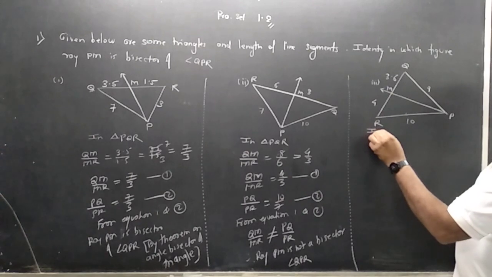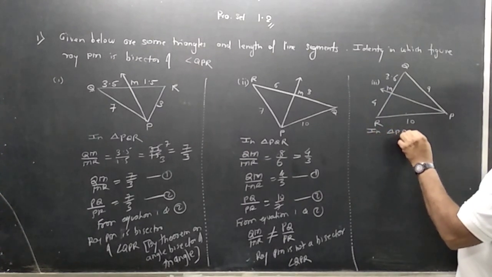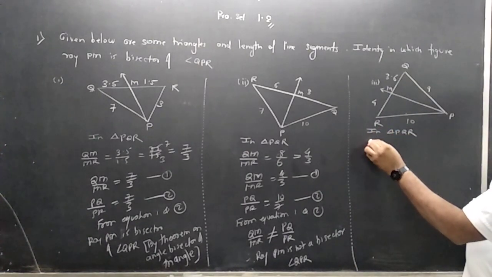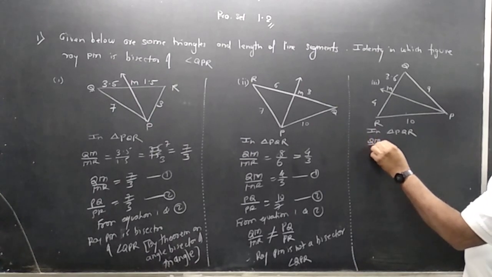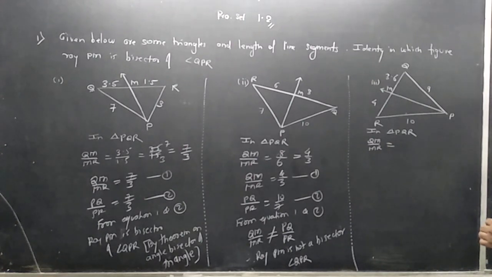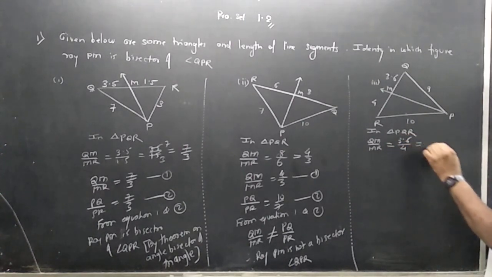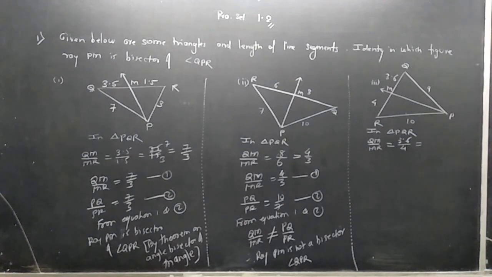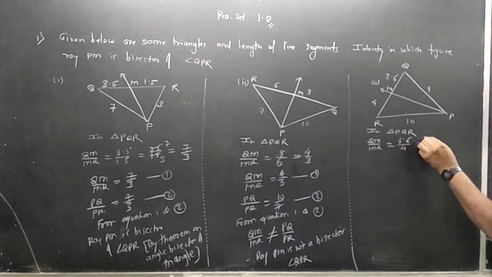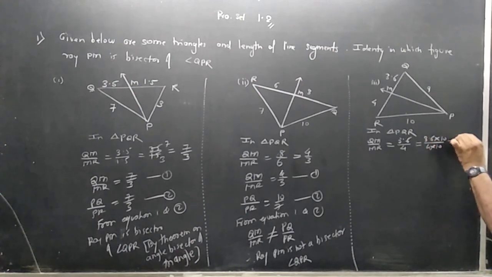again you are going to write, in triangle PQR, QM upon MR is equal to 3.6 upon 4. When a decimal point is there, what do we do? We multiply by 10. So 3.6 into 10, again 4 into 10, that is 36 upon 40.